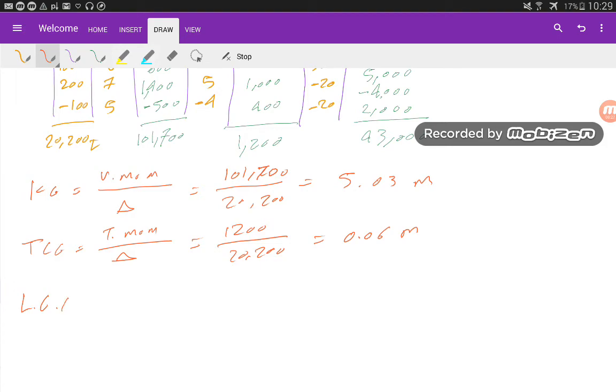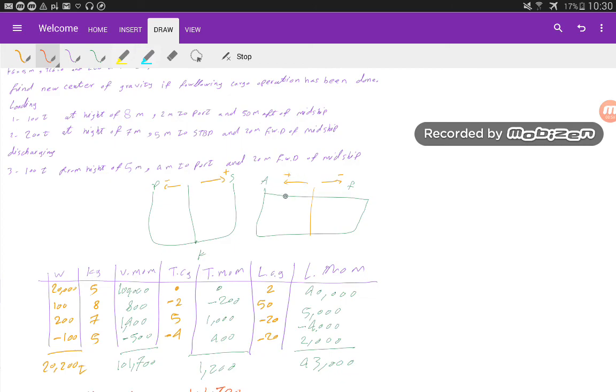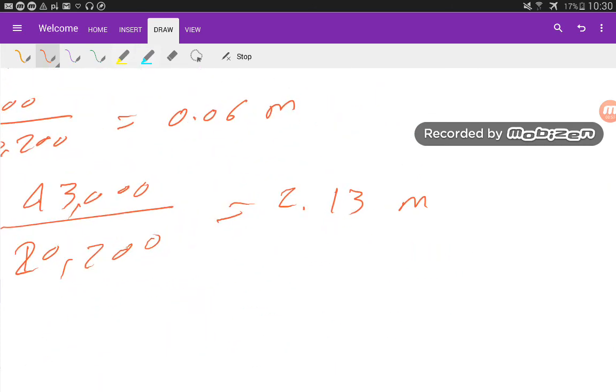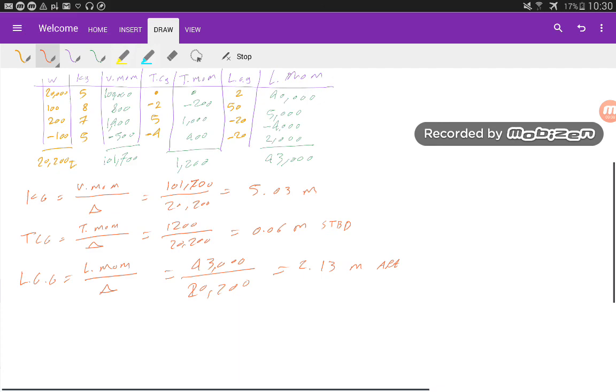Longitudinal center of gravity will be longitudinal moment over displacement, which is 43,000 over 20,200, which will be 2.13 meters. Again, this is a plus and we were considering the aft side as a plus, so this will be in the aft. So we're mentioning the aft, and this was in the starboard. And that is how you find the exact position of the center of gravity.